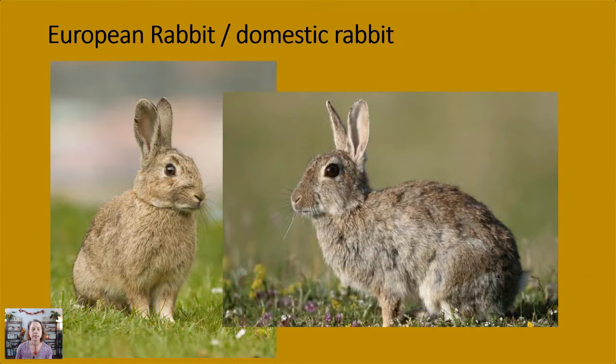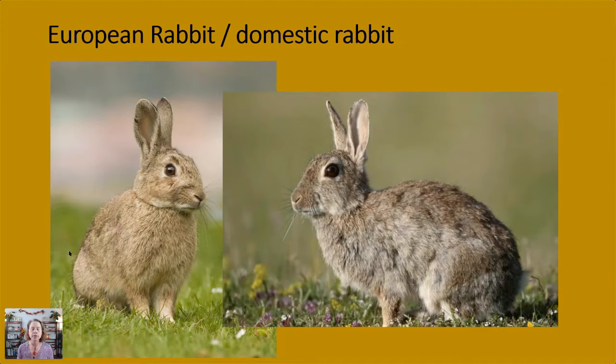The European rabbit is the one that Peter Rabbit was based on. And also, that's the species that the Easter rabbit is. Don't forget, the Easter rabbit is real. This is also the species that the domestic rabbit was bred from.